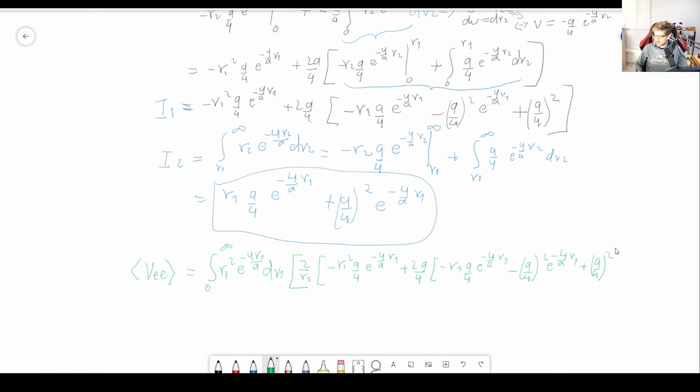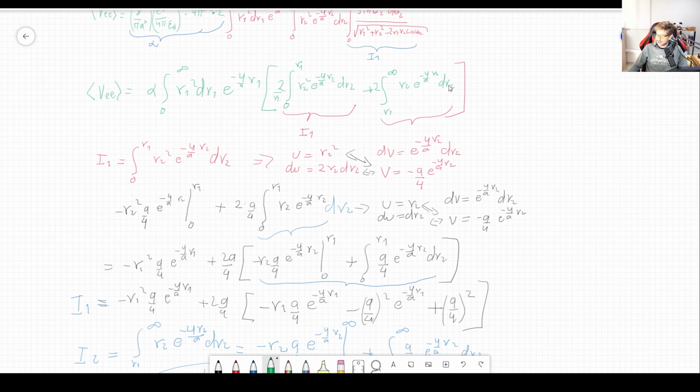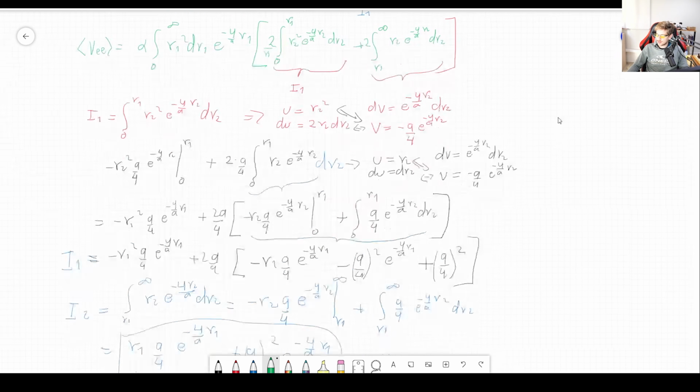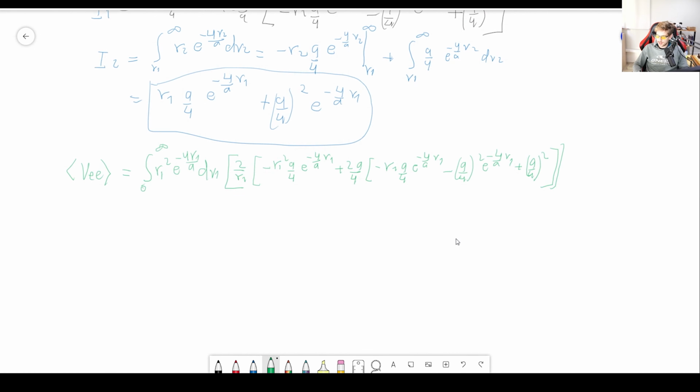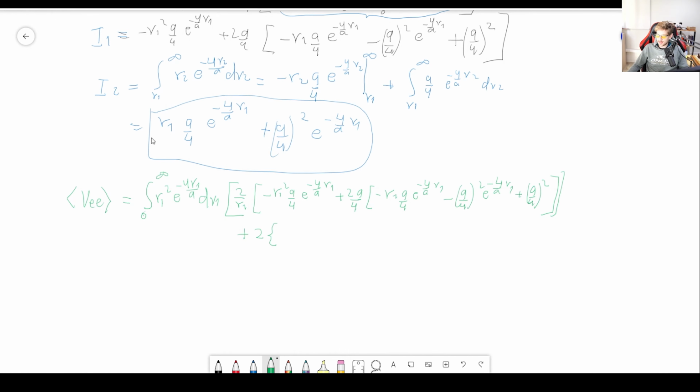So maybe let's end this. I guess I should have used a different kind of parentheses at some point, but it's okay. Now plus 2 times the result from I2, using this parenthesis now, this part right here.